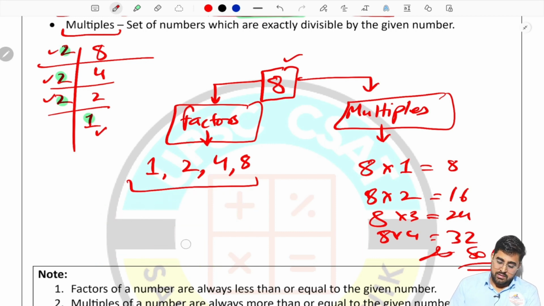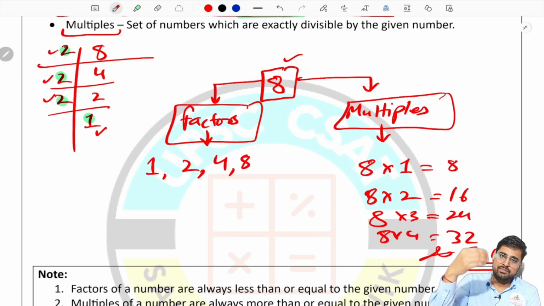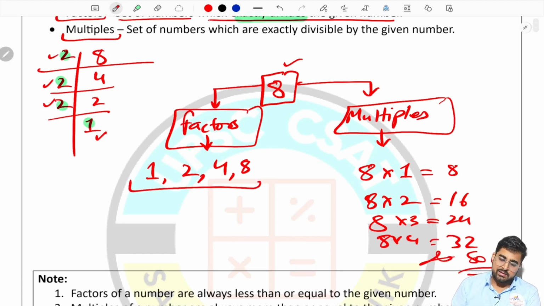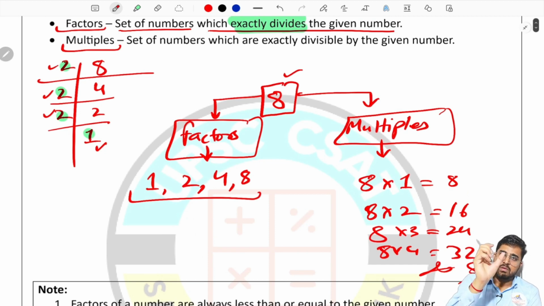And a multiple is when the number gets multiplied with 1, 2 and many more. Factors are the smaller components of a number in itself.